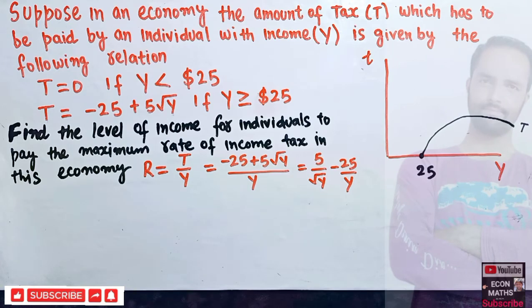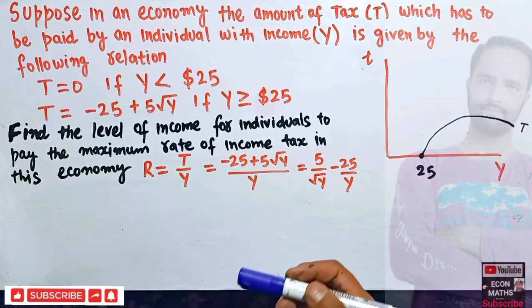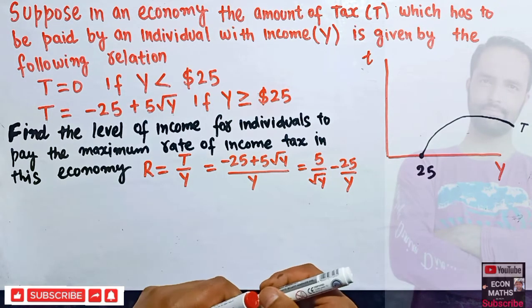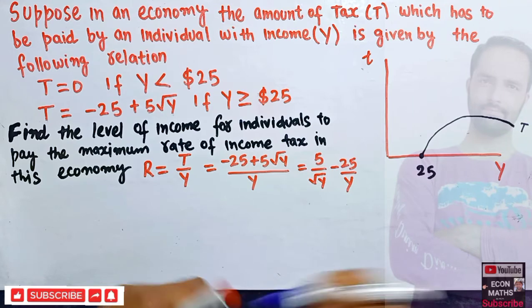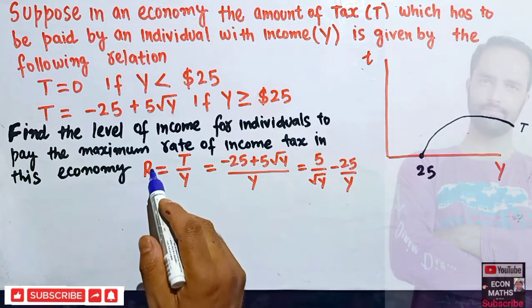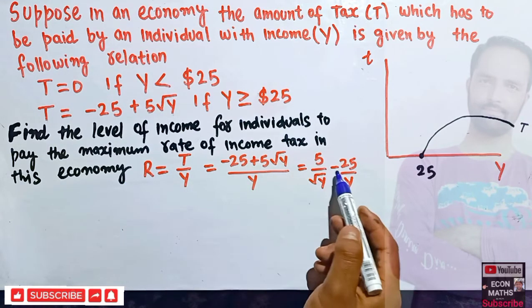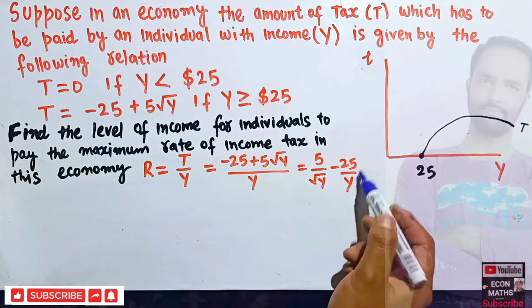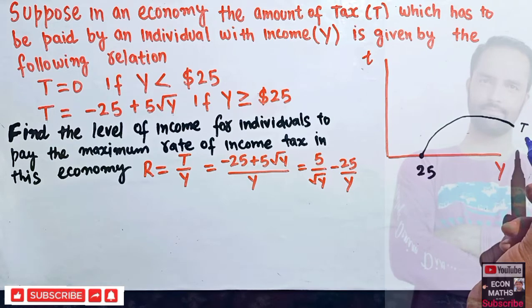Now we need to find out the maximum tax rate. The maximum tax rate will be at a point where the derivative of this function is equal to 0, where the slope of this function is equal to 0.